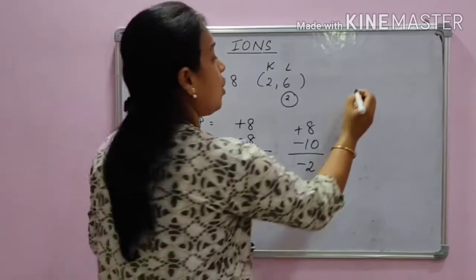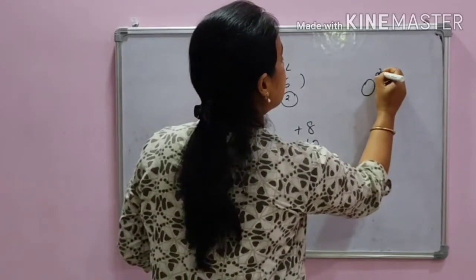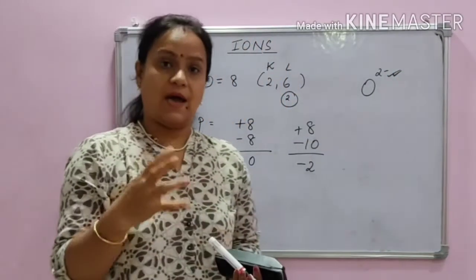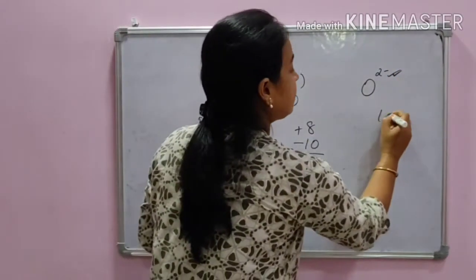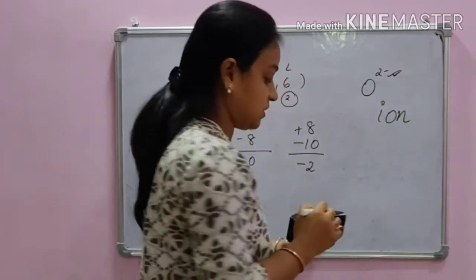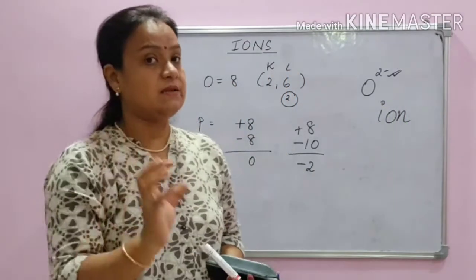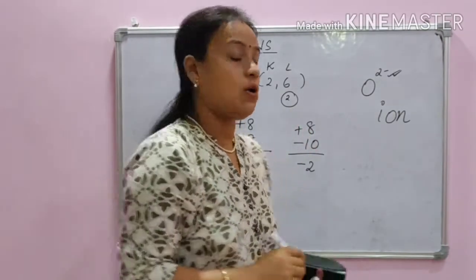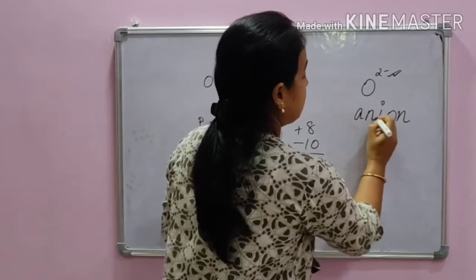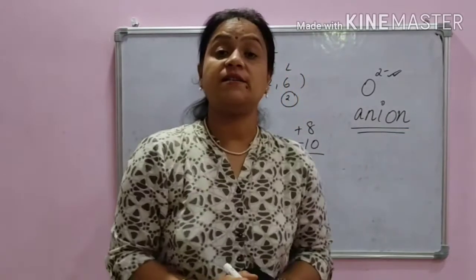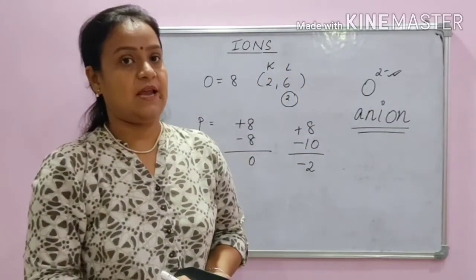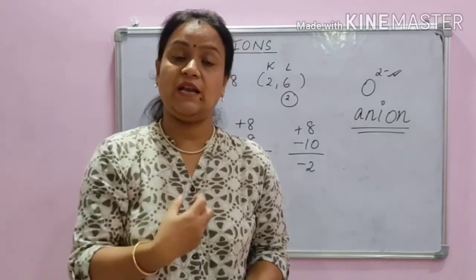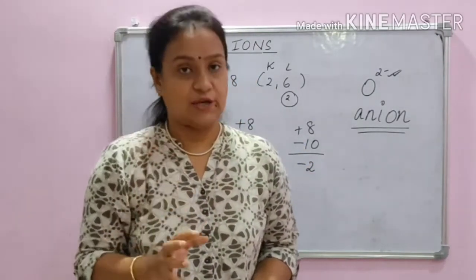So we say oxygen becomes 2 negative. This negatively charged atom is called an ion. Now it is not an oxygen atom, but an oxygen ion. And this type of ion which has a negative charge is called an anion. So negatively charged ions are called anions. And how do they attain a negative charge? They attain a negative charge by borrowing, taking electrons.